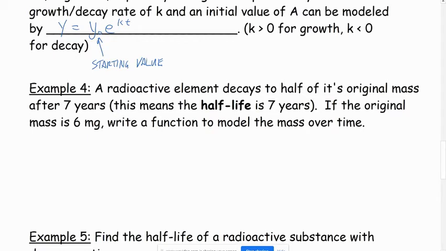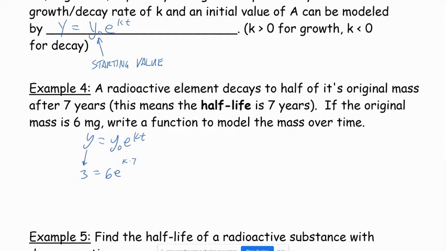Okay, so we know that if we start with 6 milligrams, it's going to become 3 milligrams. So if we're using this model, y equals y naught e to the kt, and our starting value is 6, it will become 3 after 7 years. So that would be e to the k times 7, and then we can solve for k.